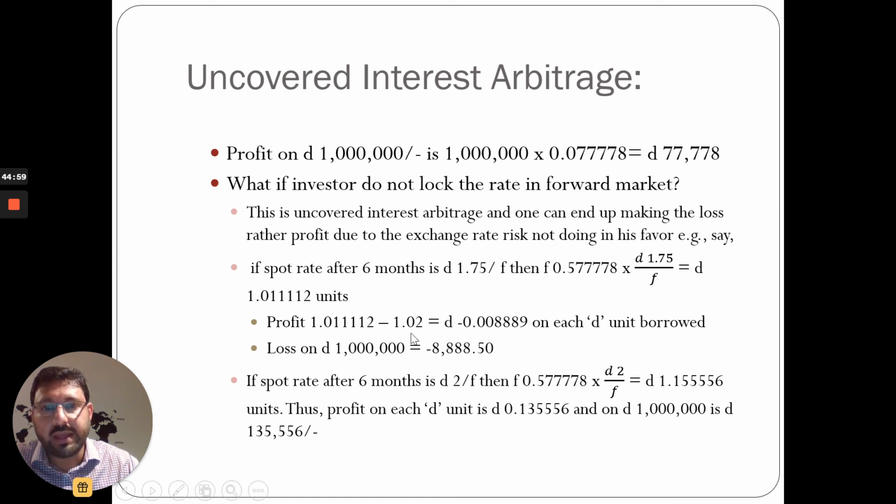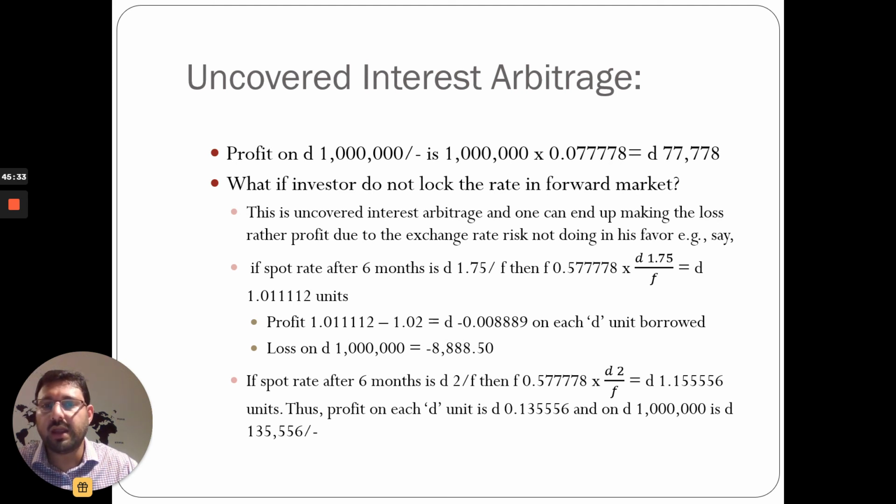So you will end up getting 1.01112, and after paying the interest back, you will actually have a loss of 0.008889 units of D currency on each unit borrowed. So if you have borrowed 1 million D currency units, then the total loss is 8,888.